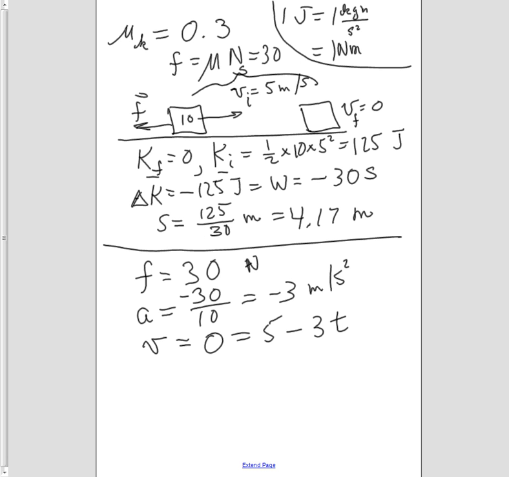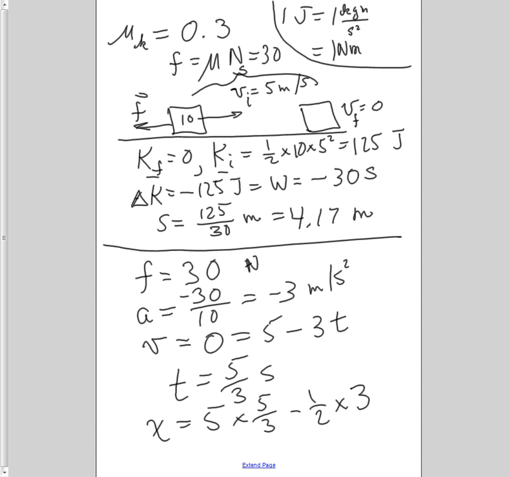And so then we would have found that the time it takes for it to stop is equal to 5/3 seconds, and therefore the distance it would have gone is equal to 5 times 5/3 minus 1/2 times 3 times 5/3 squared.